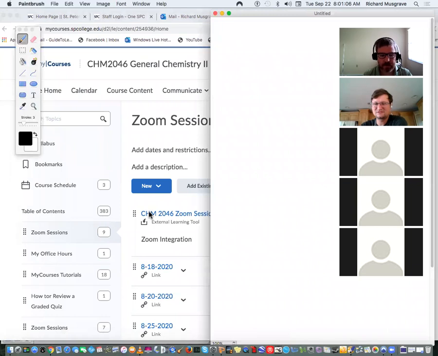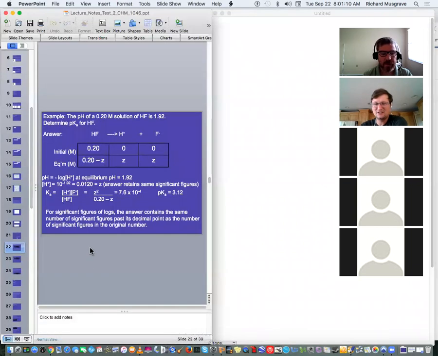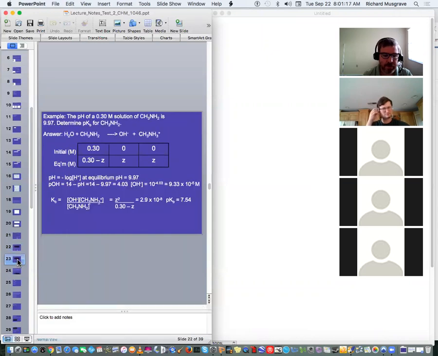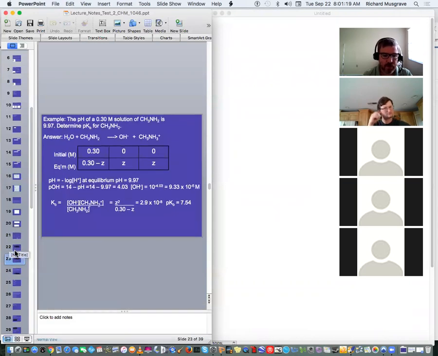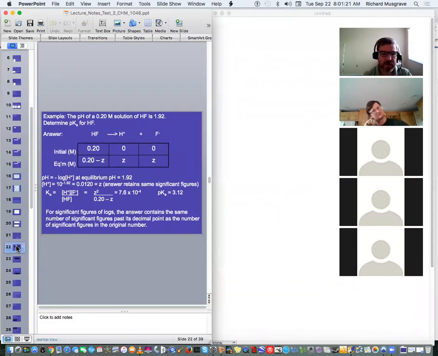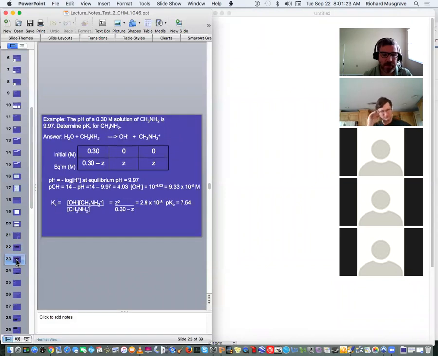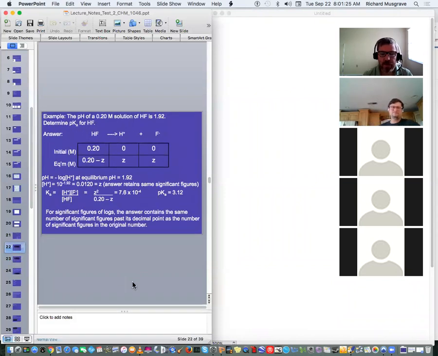So the other day we were talking about these kinds of problems where we were trying to determine the pKa or possibly the pKb of a base. So the pKa for an acid or the pKb for a base. There's a couple of things we're going to do here.